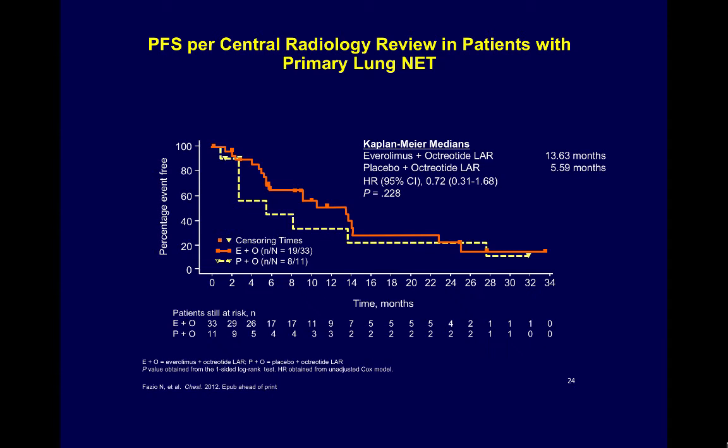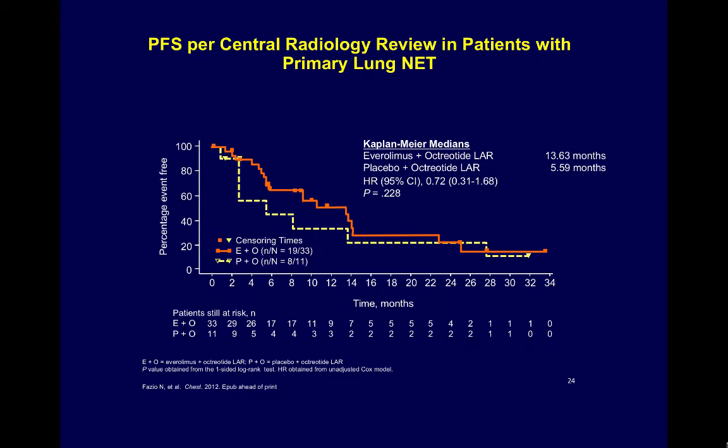But they were interesting because if we look at subgroups of patients, we could see that the rectal carcinoids were doing fine with this compound. But we also saw that there was some indication that lung NETs might benefit from this type of treatment. If you follow the red line, you can see that at least in the beginning, there is a separation of the two curves compared to the placebo, the yellow one.